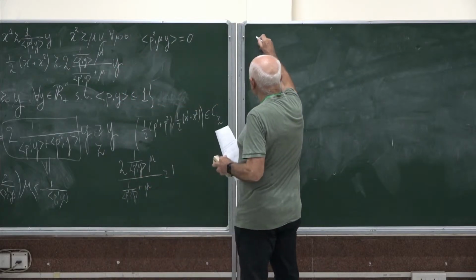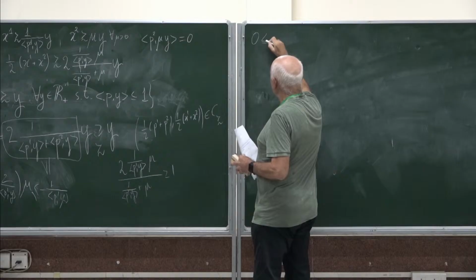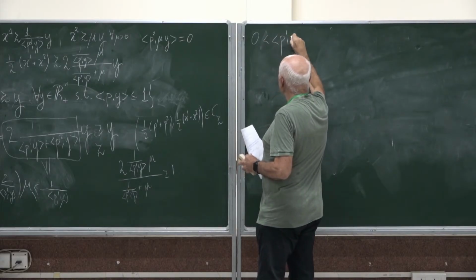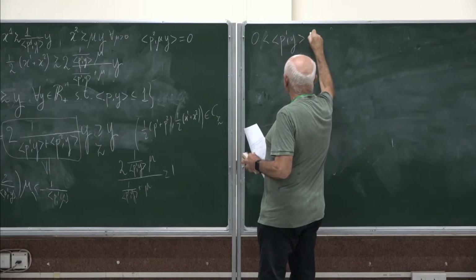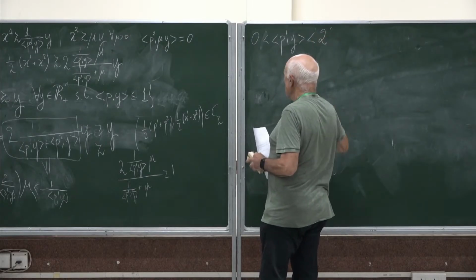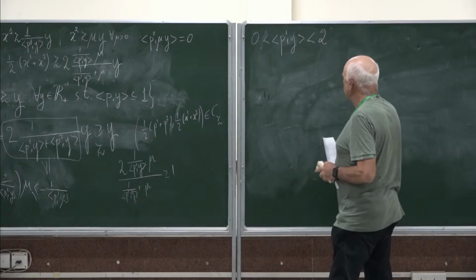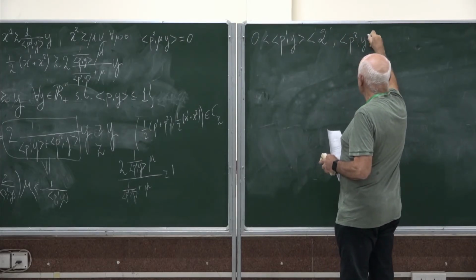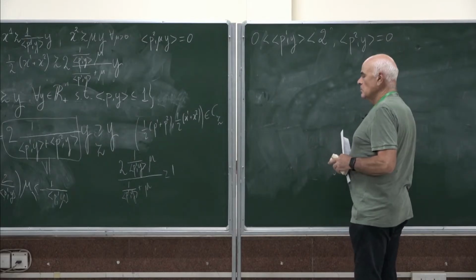So let's assume now that P1y is strictly less than 2 and P2y is equal to 0.